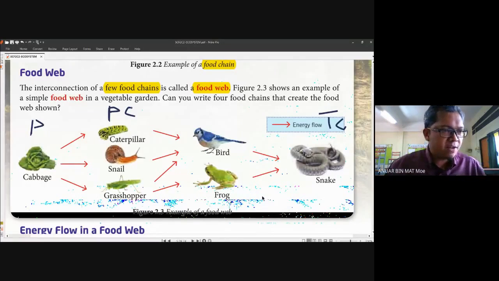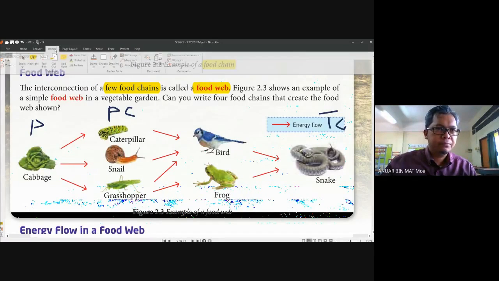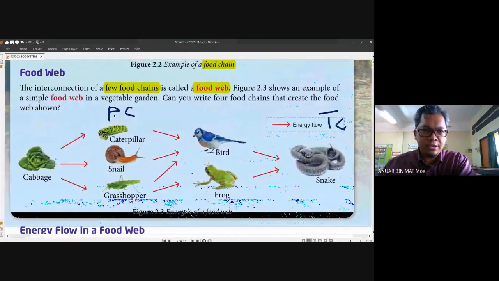Food chain, how many food chains here? Four food chains. Ziying, Jinshuan, four food chains. Okay, we try to do it together, yeah? Is it four food chains?